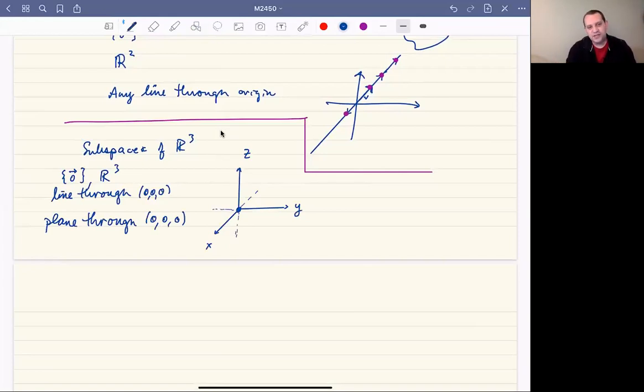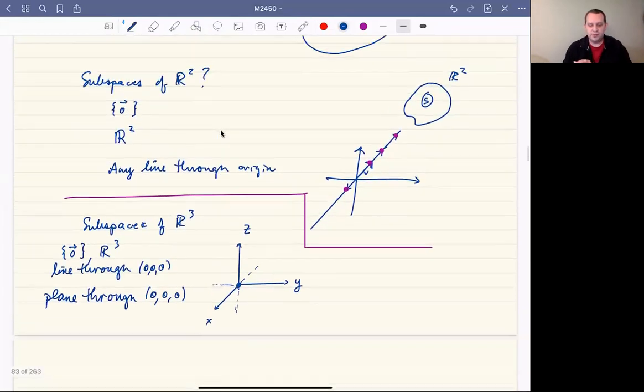I want to emphasize, why do the line and the planes have to go through the origin? I think this might be easier to visualize in R2. Think about if you have R2, and then you consider some line that's not through the origin. Why is that not a subspace? Well, building off the previous video, it's because it doesn't contain the 0 vector. The origin itself is missing.